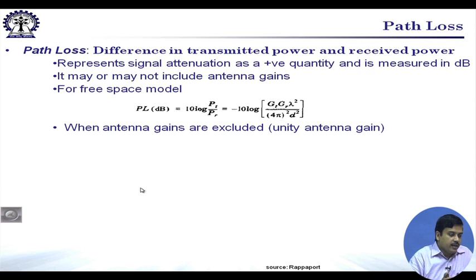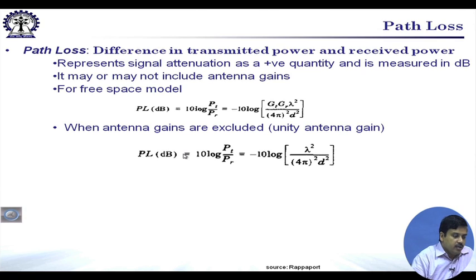Now, when antenna gains are excluded, that means GT and GR are unity, the equation becomes even simpler. Path loss would be 10 log of lambda squared by 4 pi d squared, coming from the free space expression. Be careful to note, we have a minus sign, and therefore, inside the log things have got inverted because PT is here.